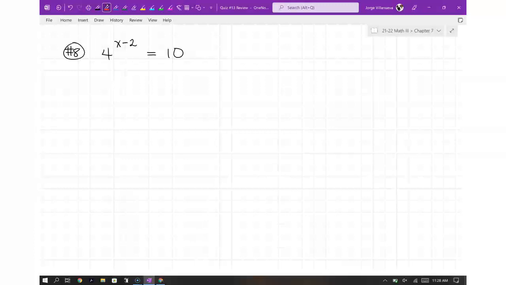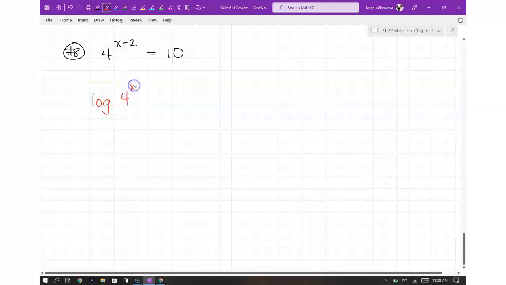So you're going to write on both sides log of 4 to the x minus 2 equals log of 10. You're just going to introduce a log to both sides. By doing that, it allows this power to drop. So it's going to become x minus 2 times log of 4 equals log of 10.